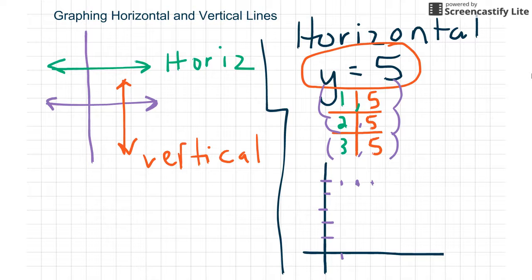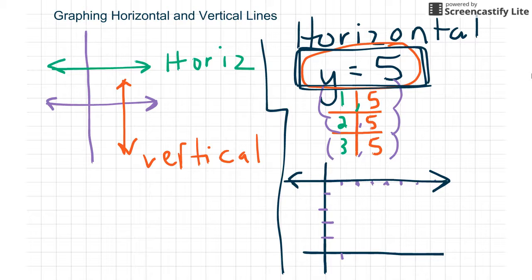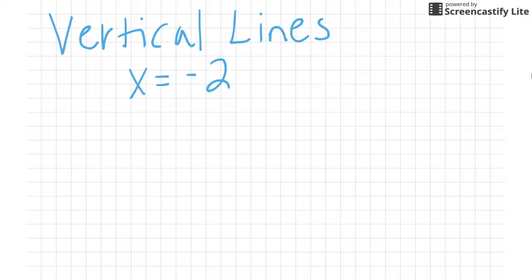Again, put the dot, and over 3, up 5. So we can see here what's forming, and I could keep making the dots, but you can see what's going to form is a horizontal line. So whenever it says y equals, and it has to be by itself, it cannot have the other variable with it, it's going to form a horizontal line.